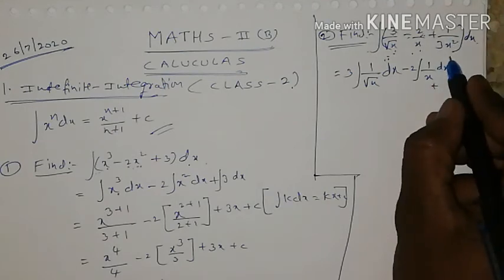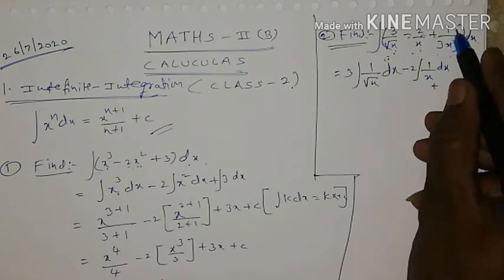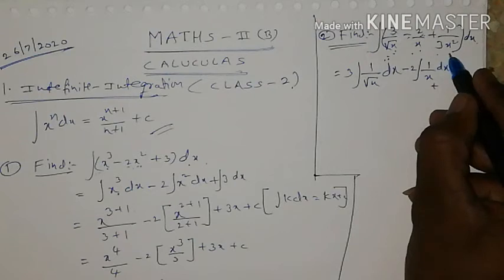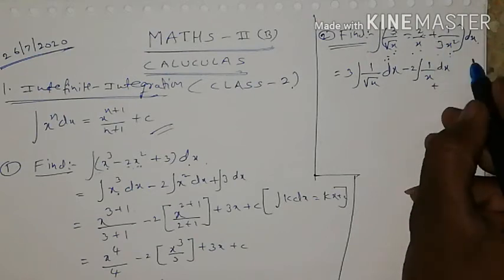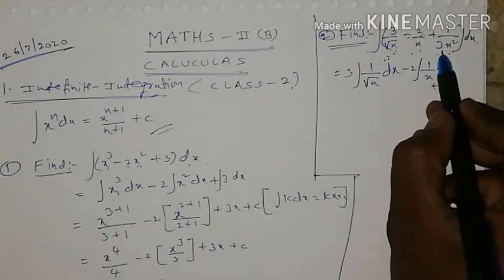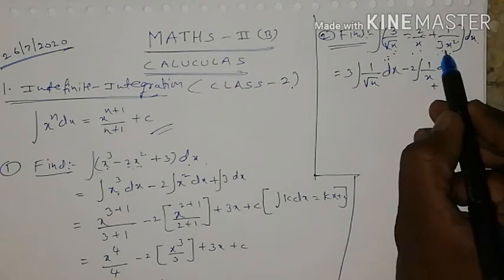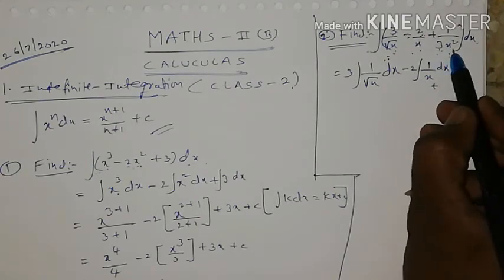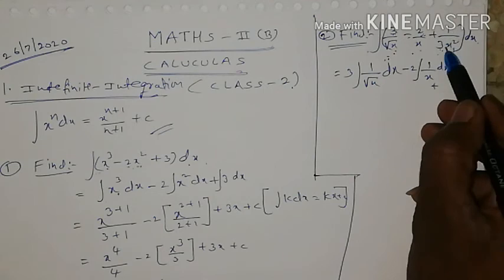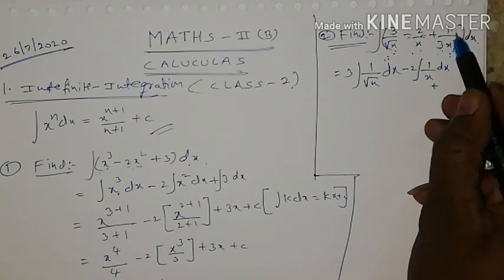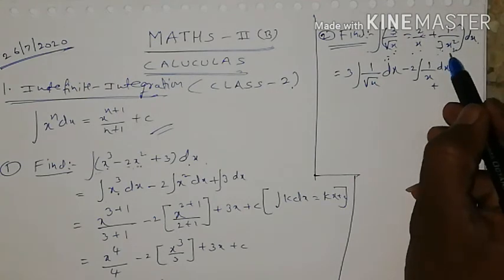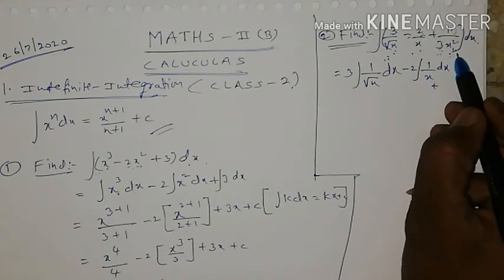1 by 3x square. Here 1 by 3 is the quotient of 1 by x square. You can't write 3 into 1 by x square, it is in the denominator. So which quotient is it? 1 by x square quotient. So how can we write this? You have to read like this: 1 by 3 into 1 by x square. 1 by 3x square is nothing but 1 by 3 into 1 by x square.